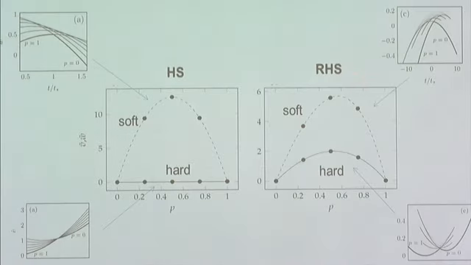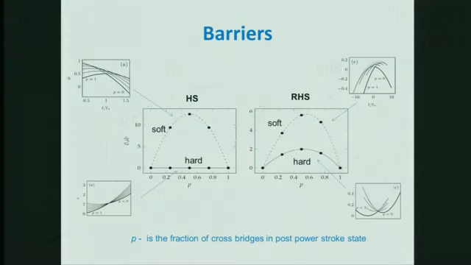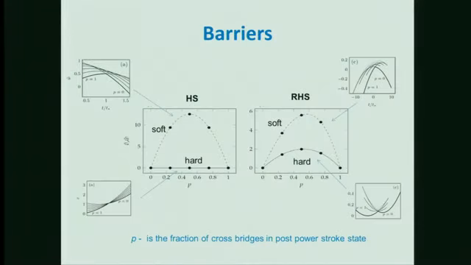Now in the regularized model, there are barriers in both cases, but in a soft device, it's much higher than in a hard device. So behind this will be this collective behavior, because in one case, you would have to turn simultaneously many units, while in a hard device, collective effects are weaker.